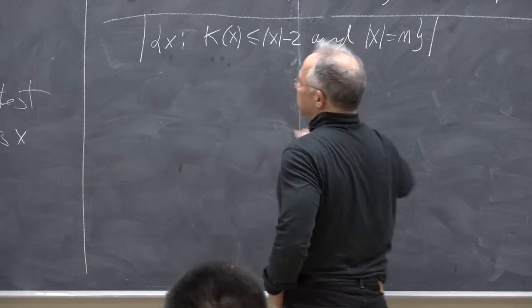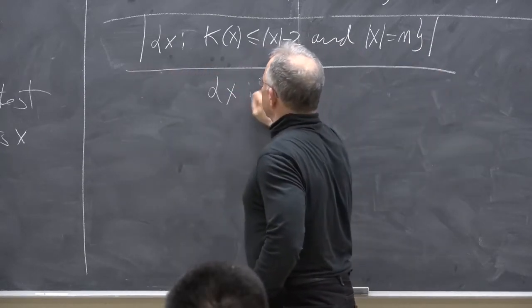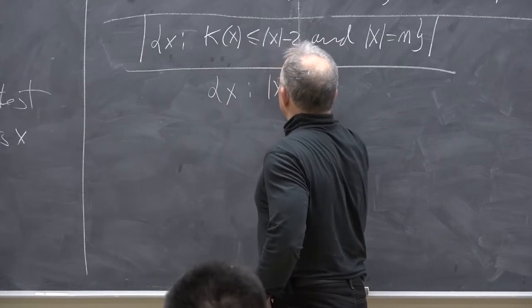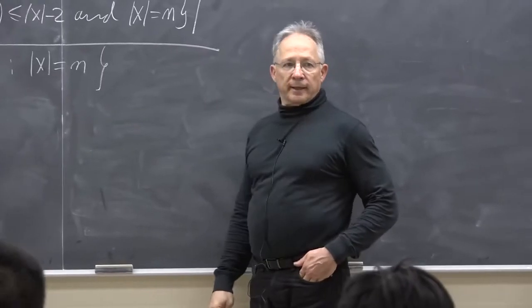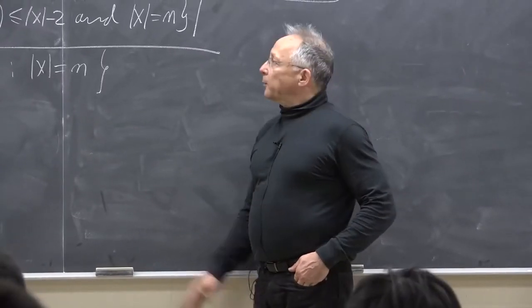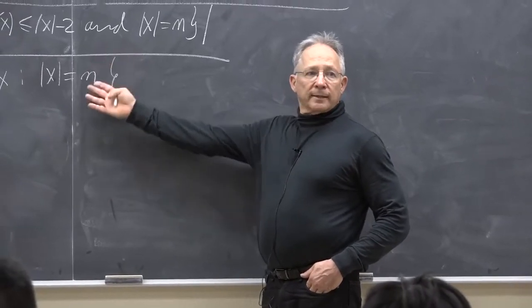So this will be the nth set, and I'll divide it by the set of all strings such that the length of the string is n. So I'm looking at all the strings of some fixed size n, and I want to ask which fraction of them have Kolmogorov complexity which is less than the length of the string.